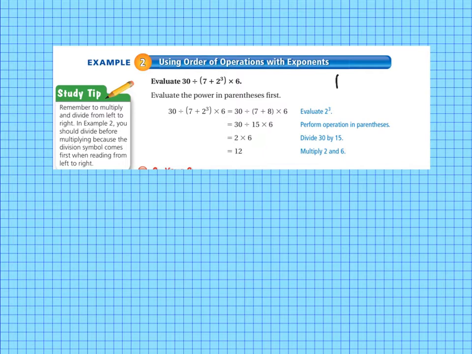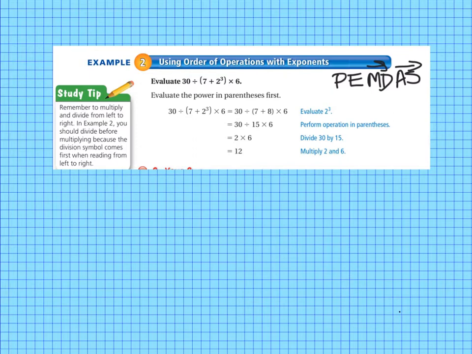So remember, parentheses, exponents, multiplication, division, left to right, addition, subtraction, left to right. So first thing we need to do is parentheses. Inside our parentheses is 7 plus 2 to the third. Within that 7 plus 2 to the third, we do the exponent first because exponents come before addition.